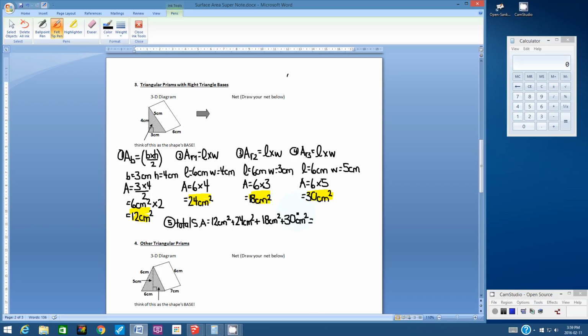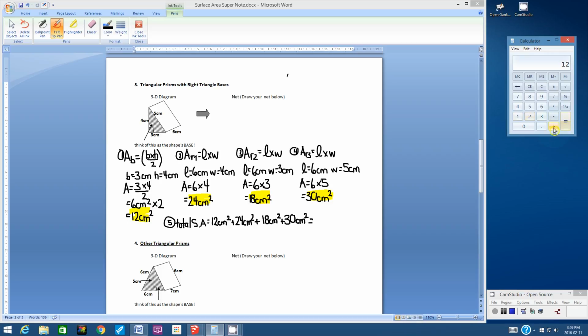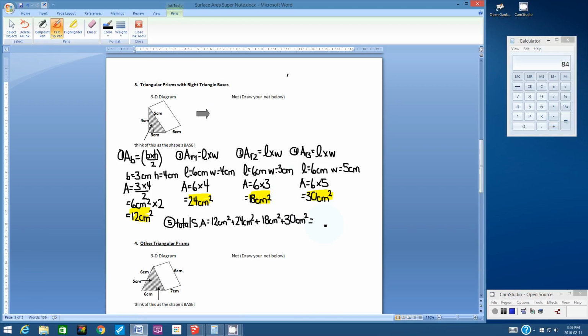Okay, so I want you to use your calculator and figure that out. Okay, so I got a total of 84 centimeters squared. Hopefully you also got that sum, that total.